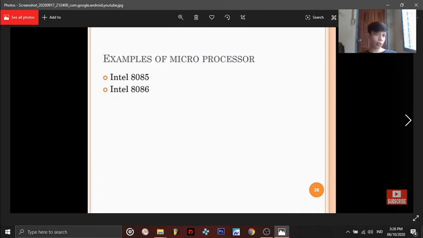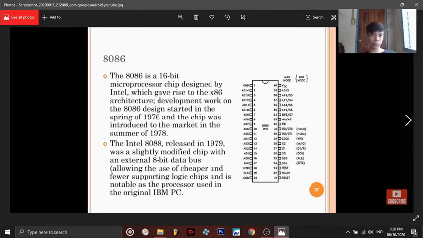These are examples of a microprocessor, Intel 8085 and Intel 8086. The 8086 is a 16-bit microprocessor chip designed by Intel, which gave rise to the x86 architecture.